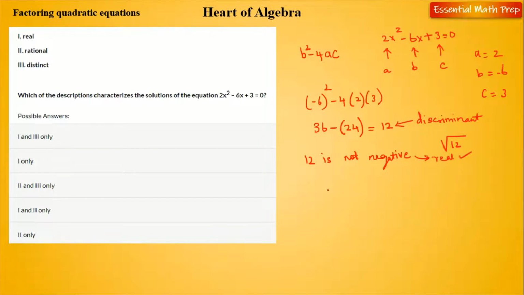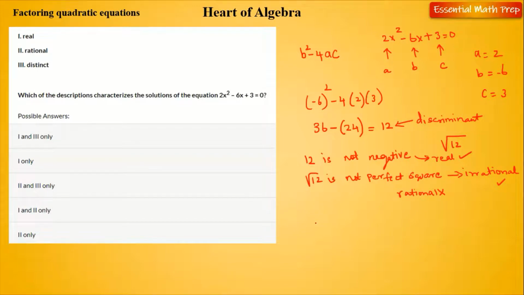right? Because 12 is not a perfect square, it cannot be rational. It has to be irrational, right? So rational is incorrect and irrational is correct.